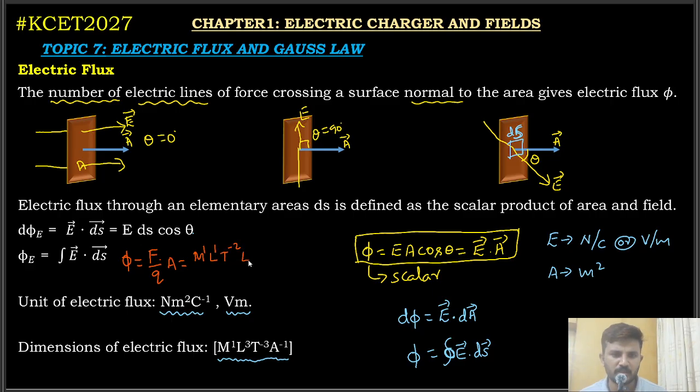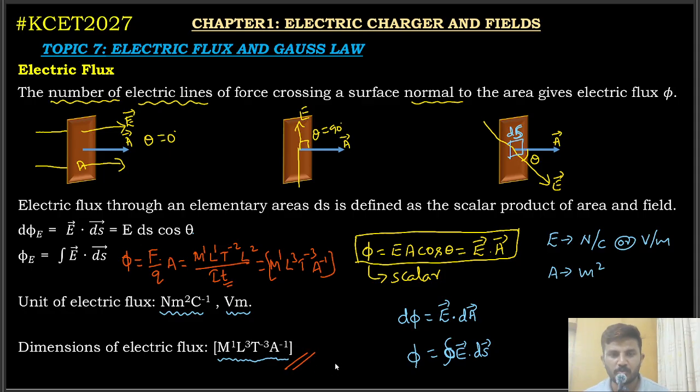Area, meter square, that is L power 2. And charge is given by current into time. So M power 1, L power 3, T power minus 3, and current ampere power minus 1, which is there in the denominator. So that's why this is the dimensions of electric flux.